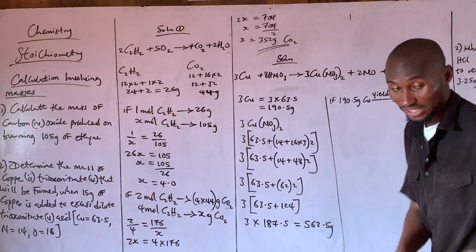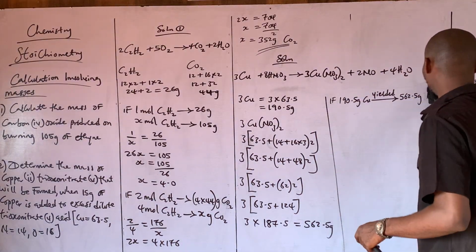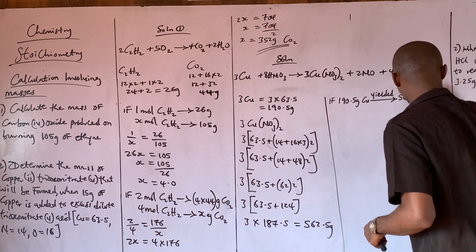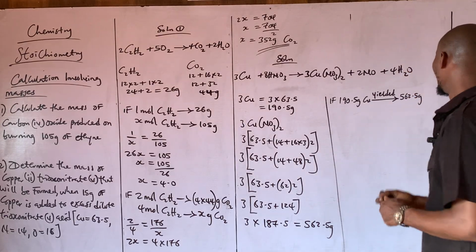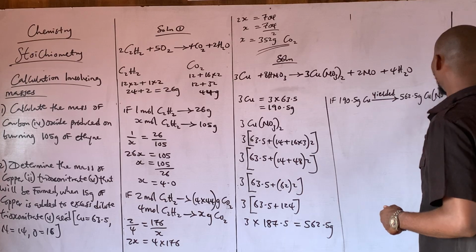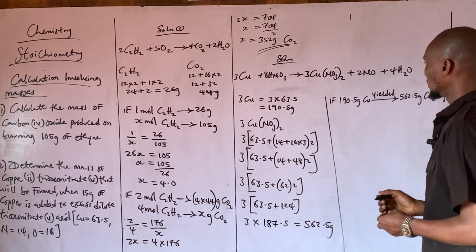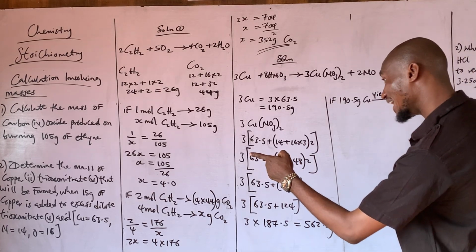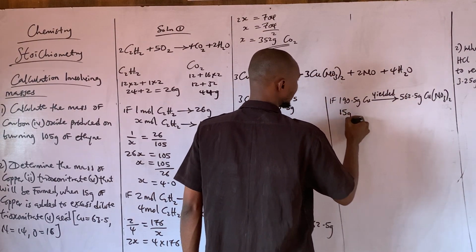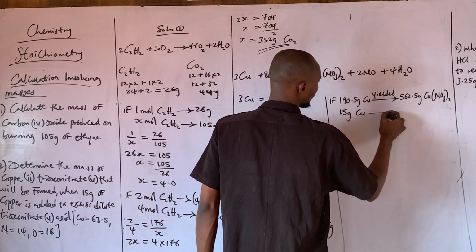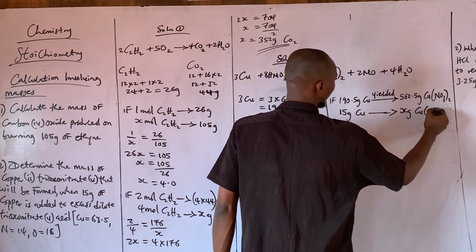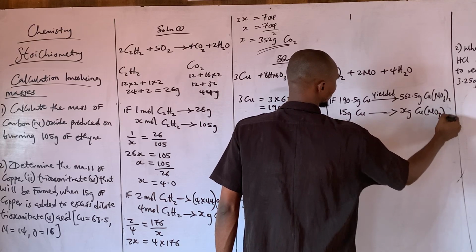So yielded copper in bracket NO3 2. Yes. Then 15 gram of copper. We then say 15 gram of copper will yield X gram of copper 2 trioxonitrate.